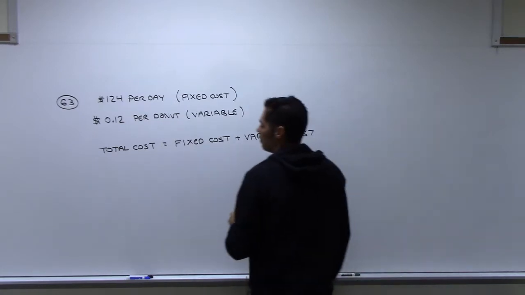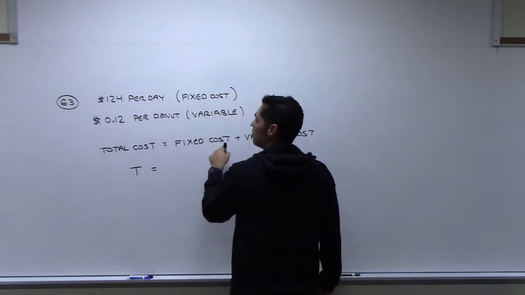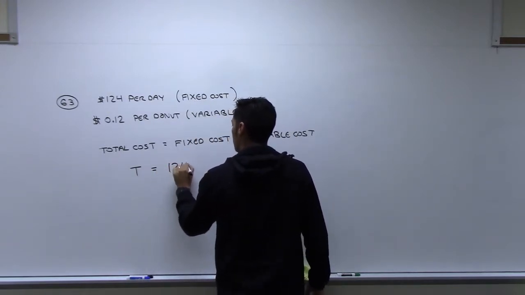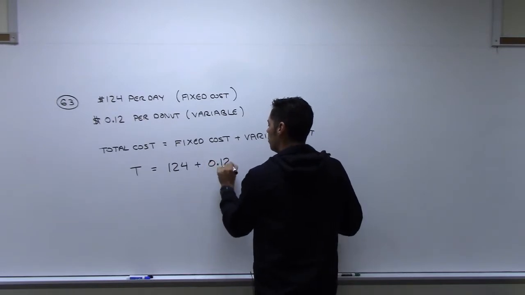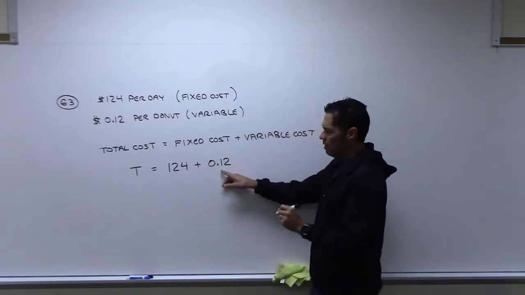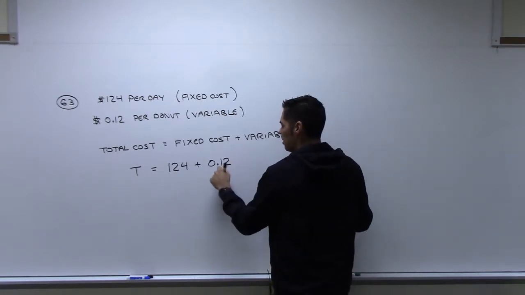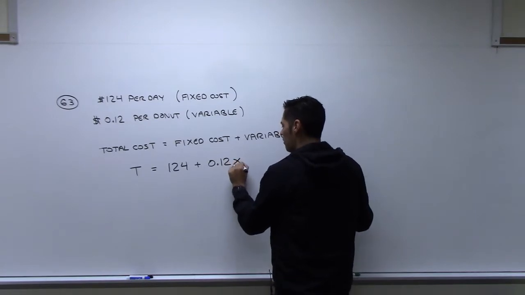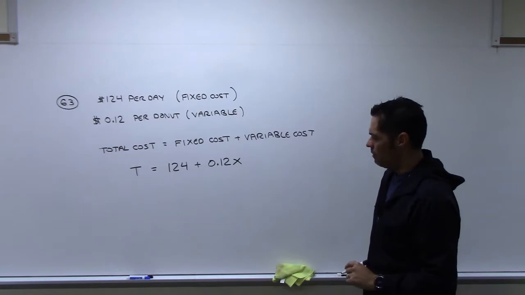In this particular case, I'm going to call total cost T, and that's going to be your fixed cost, which is $124 per day, plus your variable cost, which is 0.12 for each donut. And we don't know how many donuts we're going to make, so we represent that with a variable. It's 12 cents per donut, so times X, and that is our total cost function.